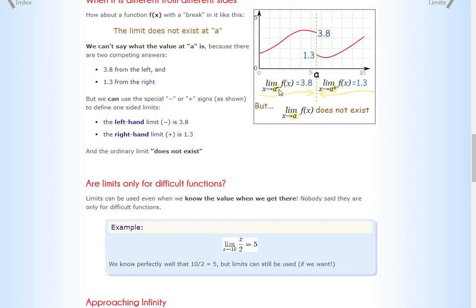So that's one of the symbols you'll want to write down: limit, x goes to a with the negative exponent. What that means is you're finding the limit as it approaches from the left.